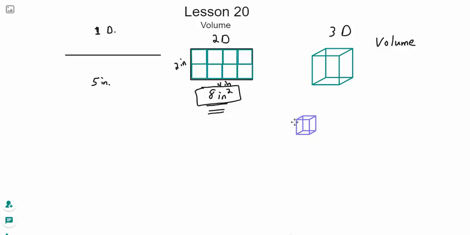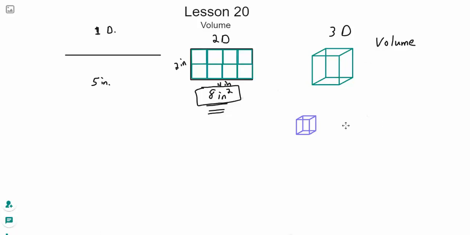So it's going 1 inch in 3 directions, and that's forming this cube. You might think of it as an ice cube, or a sugar cube is a better example. So the question becomes, how many of these sugar cubes can we fit into this big box right here? If we can answer that, then we've answered the volume in terms of inches.